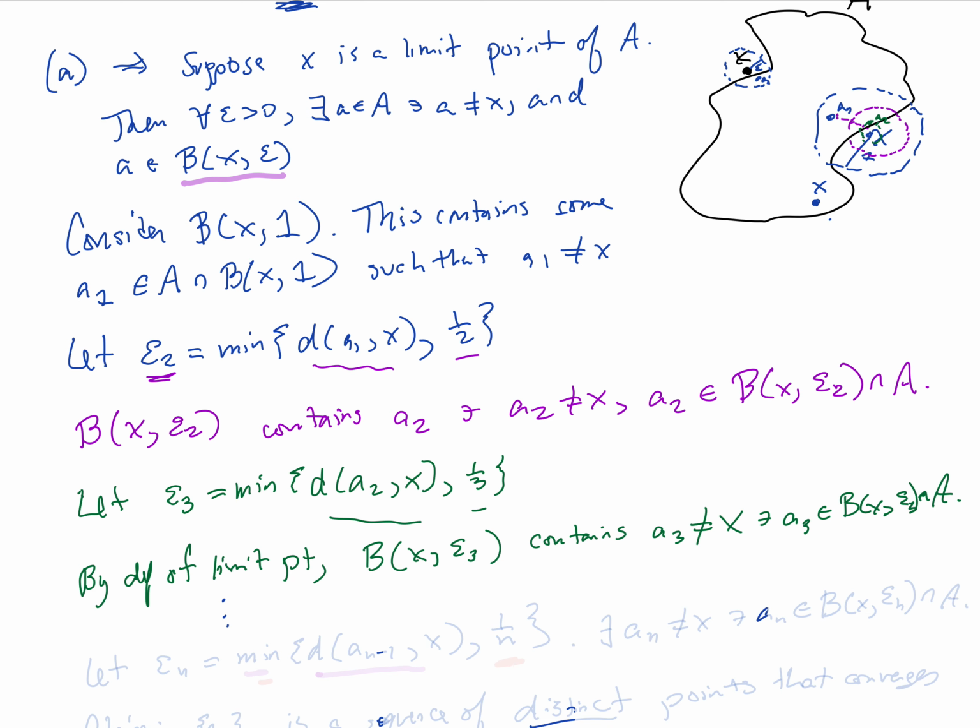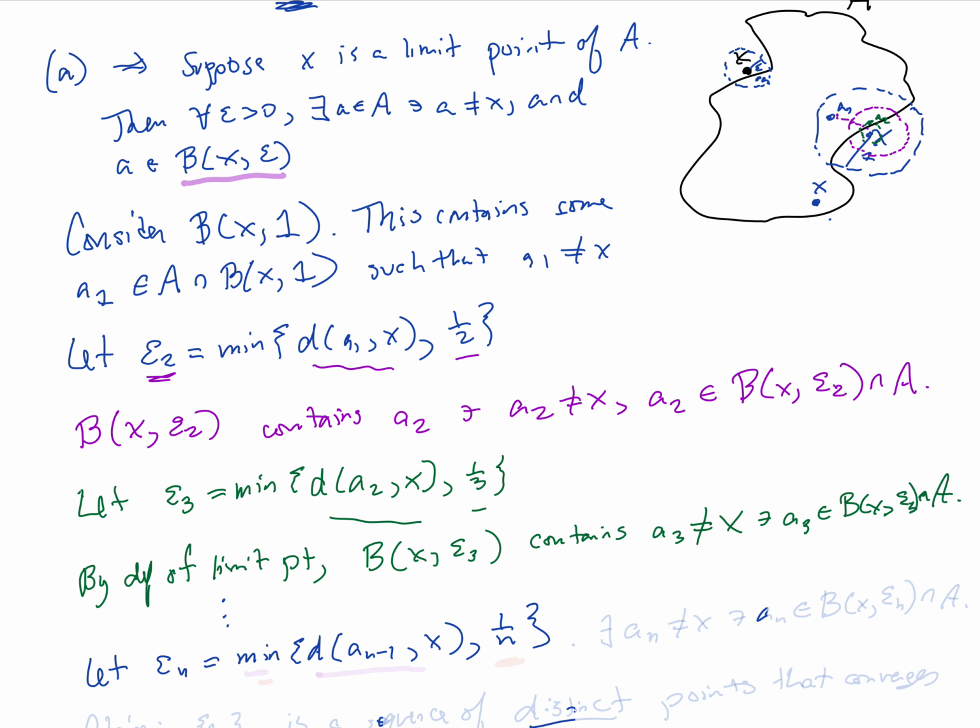Just continuing forward in the most general sense, we're going to let epsilon sub n be the minimum of the distance between A sub n minus 1, the previous point, and X, and 1/n. So that would be epsilon sub n.